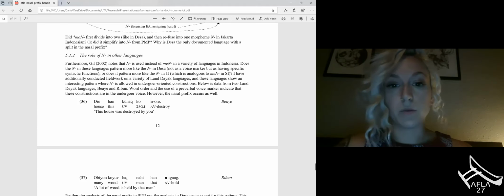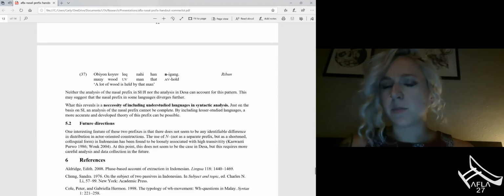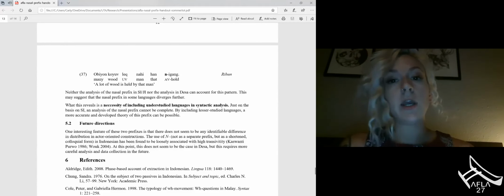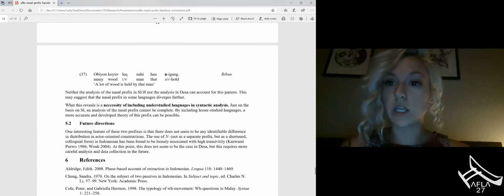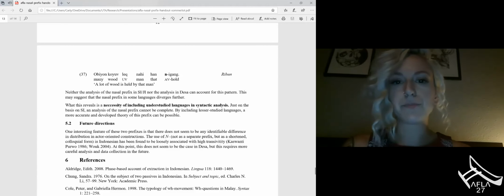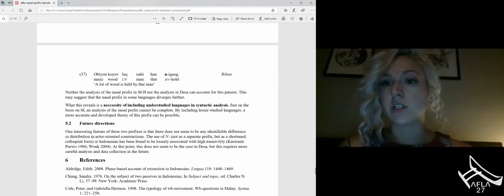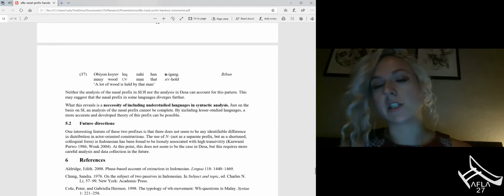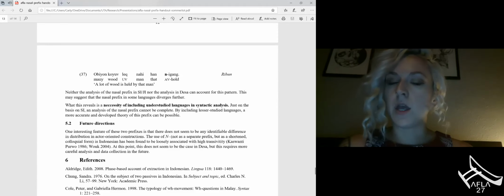And this is true in Ribun as well. This is obviously unexpected if these are voice morphemes. So neither the analysis of the nasal prefix in Standard Indonesian nor the one that I've offered today in Desa can really account for the pattern we see in these languages. So it would be interesting to extend to these languages and see what exactly is happening in them in terms of the nasal prefix as well.